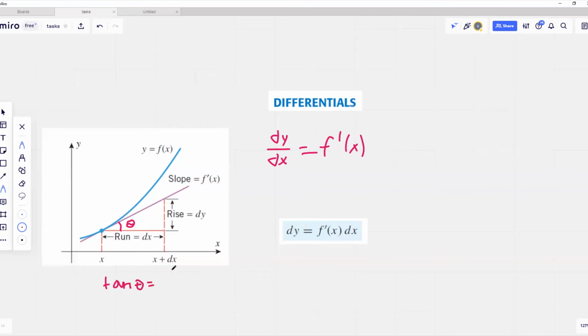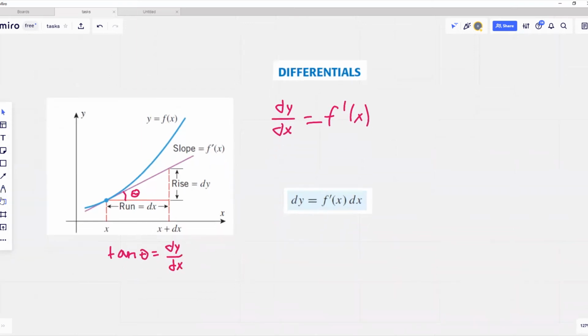Which is equal to the change in y, when we are looking at the equation of a tangent line, over the change in dx. And the slope of the tangent line at an arbitrary point x is then given as the derivative of that function at that point x.